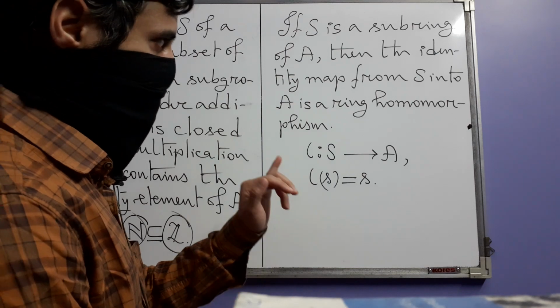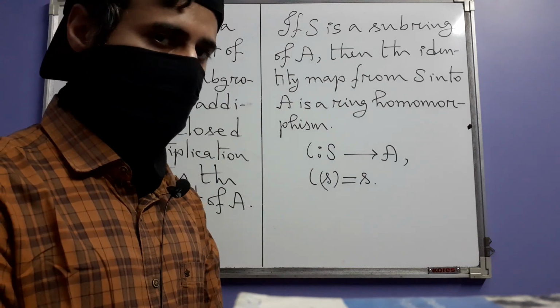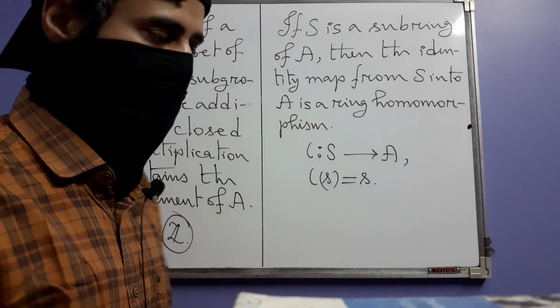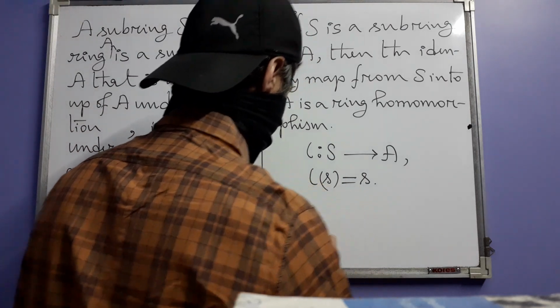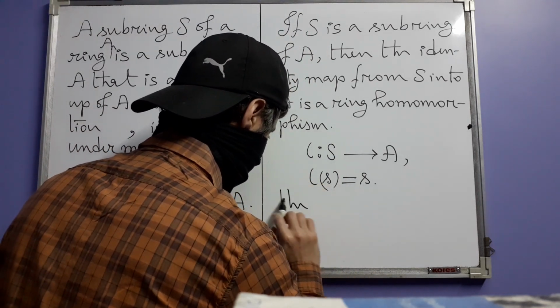Normally, this map has another name, which is the more common one that is used. It's called the inclusion map.